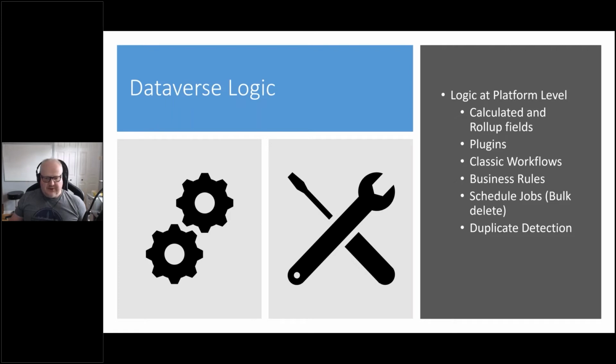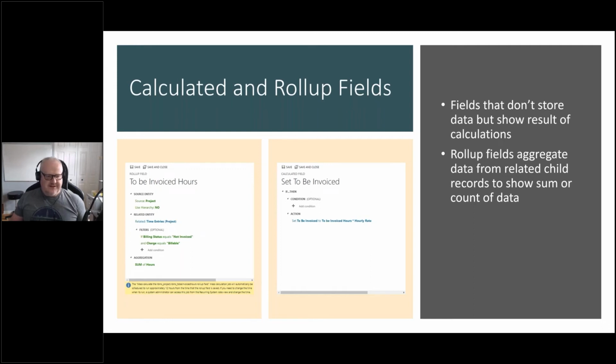So for example, if we have something like the calculated and roll-up fields, these don't actually store the data, but they do show the result of those calculations. We also have those roll-up fields, which are an aggregate of child records, and they could show the sum or count of different data.